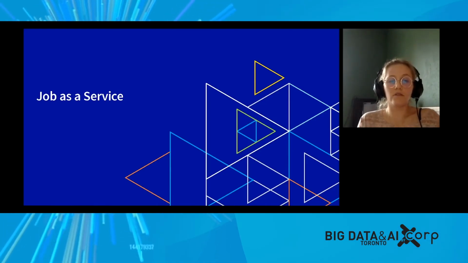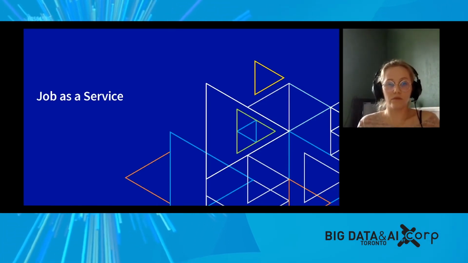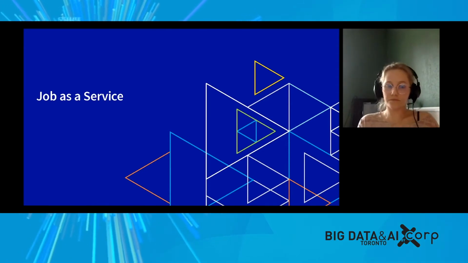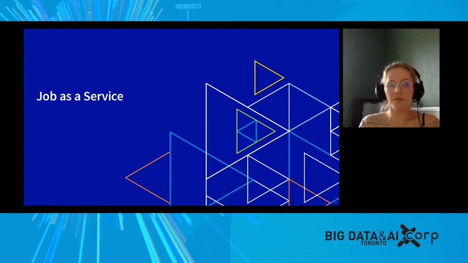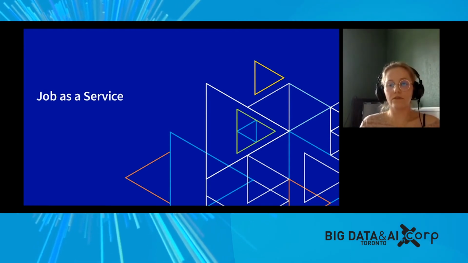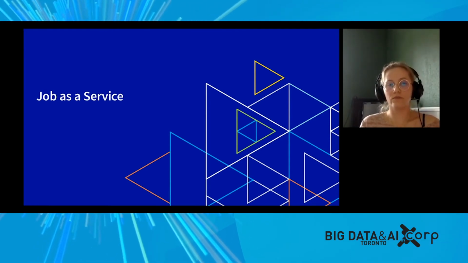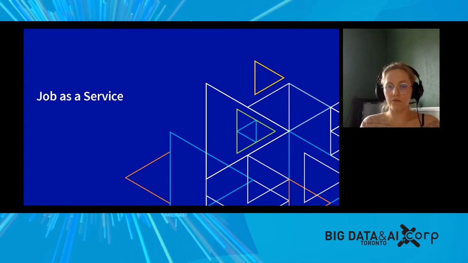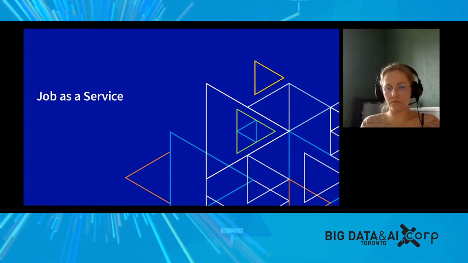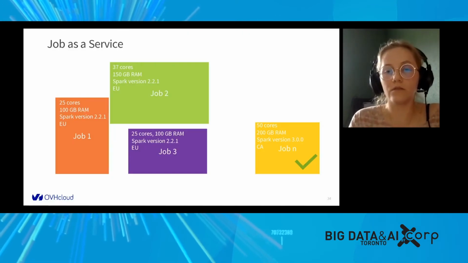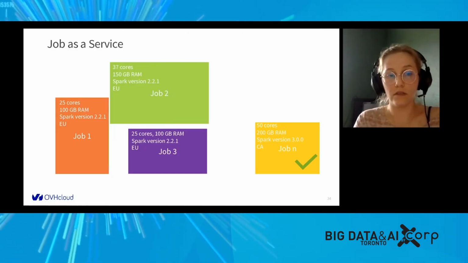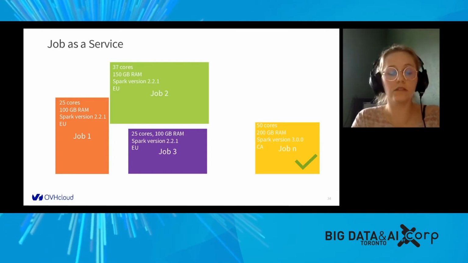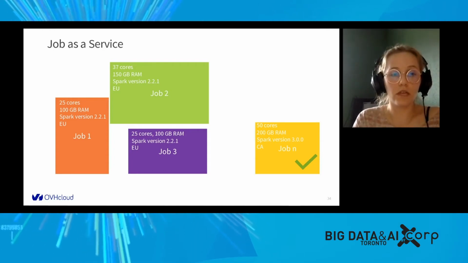Fortunately, there is another model if you want to do Spark in the cloud. It's the job as a service model. With the job as a service model, you don't have to spawn clusters anymore, you just spawn jobs. It means that you don't care about unused resources because there are no unused resources. You just focus on the size of your job.